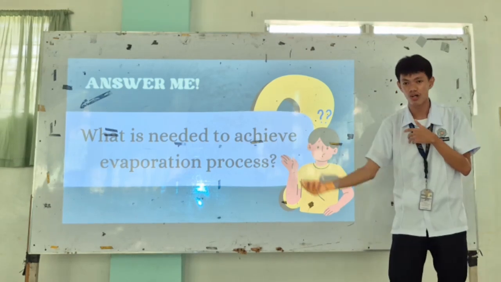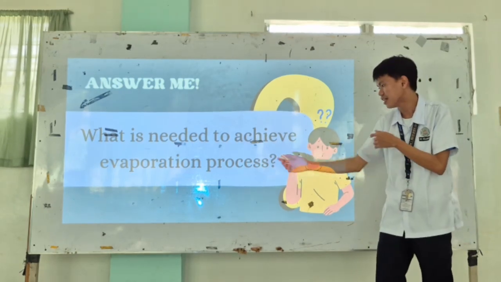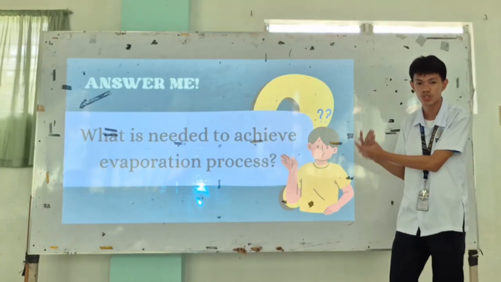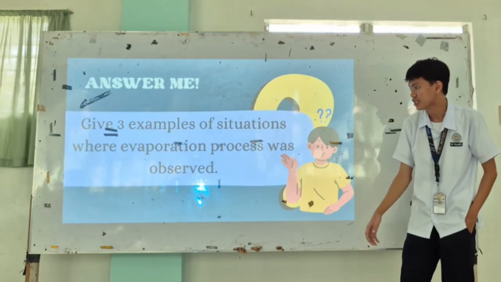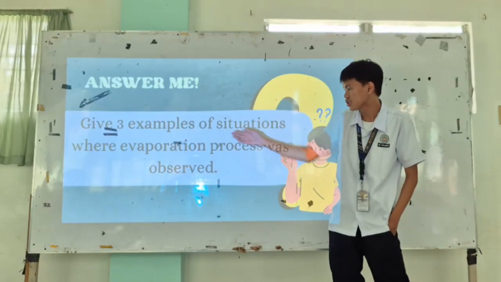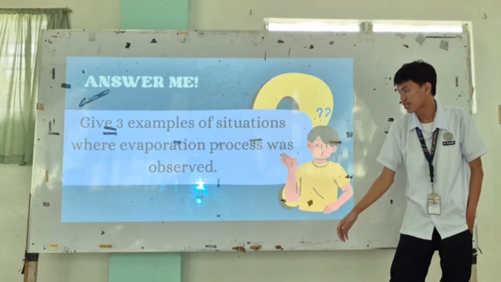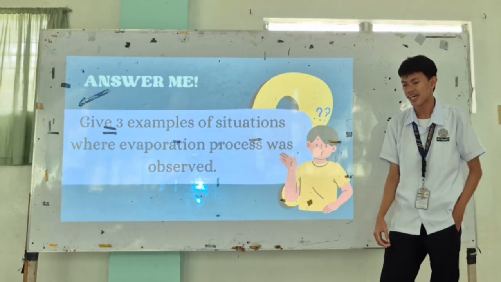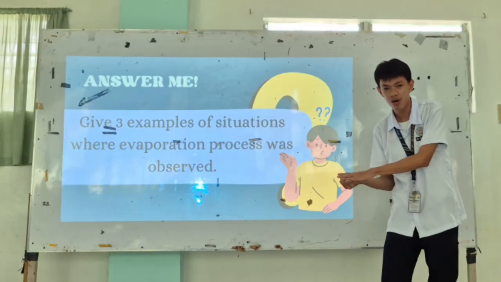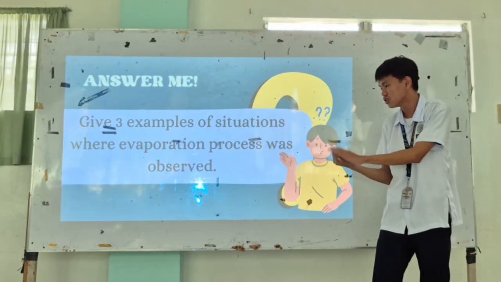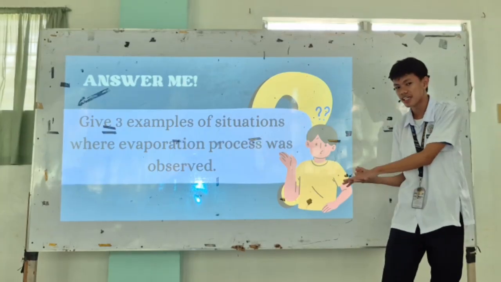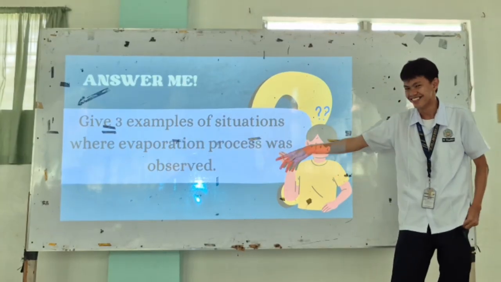Heat is the primary source when doing evaporation or separating mixtures using evaporation. And next, give three examples of situations where the evaporation process was observed. Yes, that's right. Boiling water, drying clothes, and water drying from the rainwater.